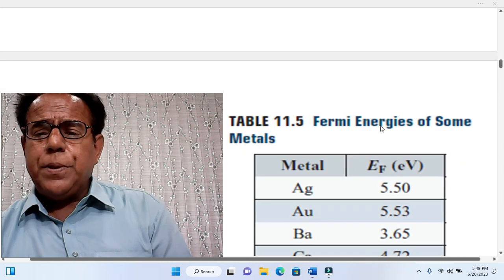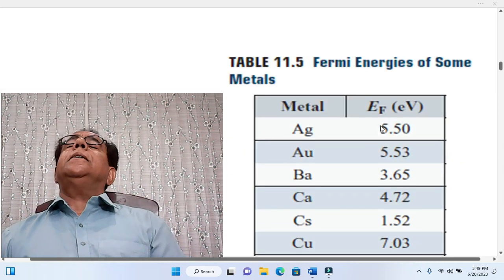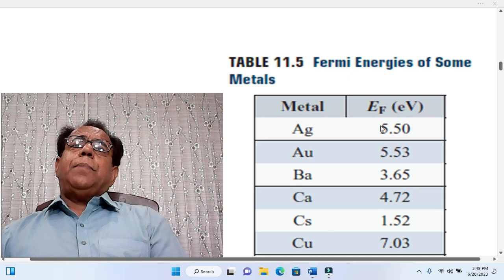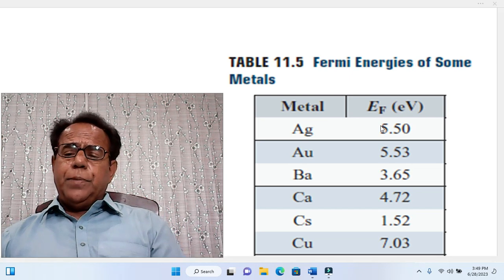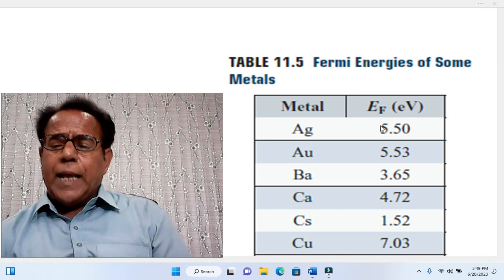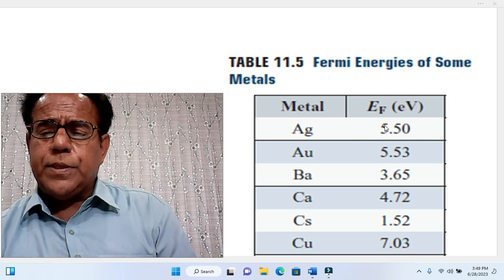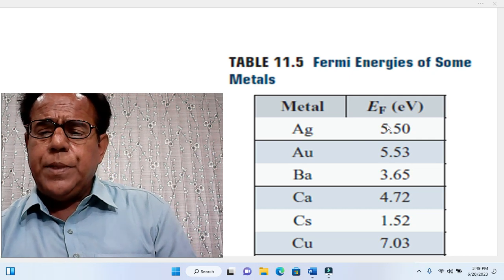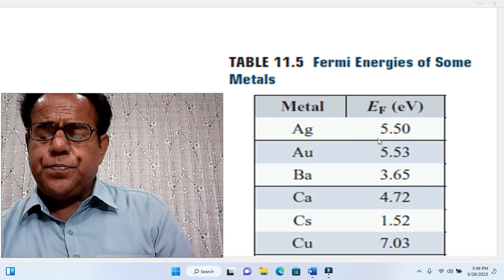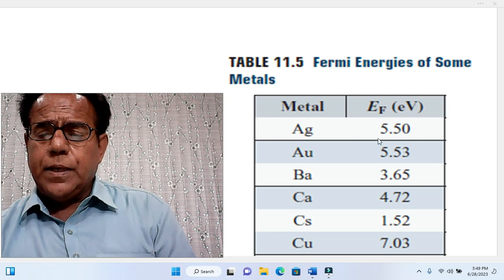Helping tool number 5. Dear students, helping tool number 5 tells us about Fermi energy. Fermi energy of silver as per the first version of this tool is 5.50.